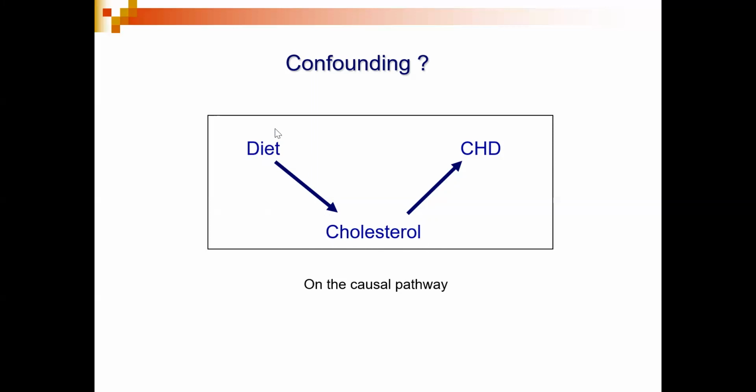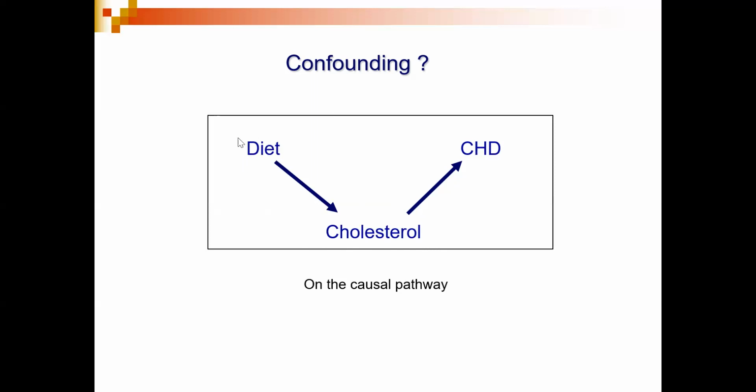How do you explain this? There might be a relationship between diet and congenital heart disease, but the amount of cholesterol in your body is determined by the diet which you take.